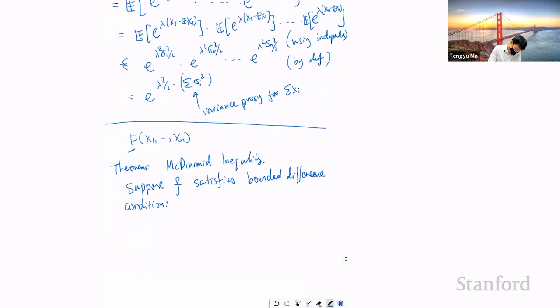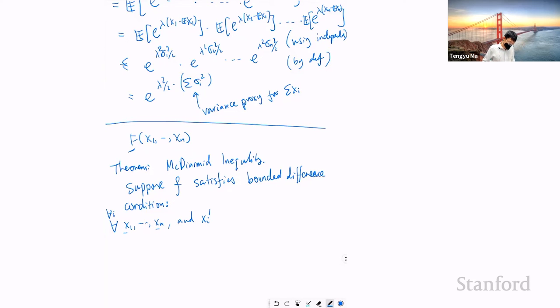It says that for every i and every choice of x1 up to xn, and xi prime. By the way, these xi's are little xi's because I haven't introduced any random variables yet. These are just generic numbers.